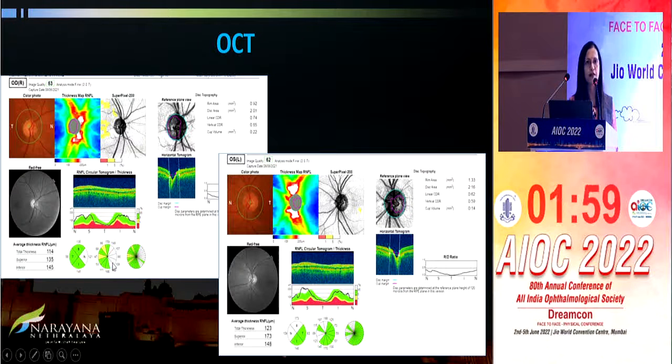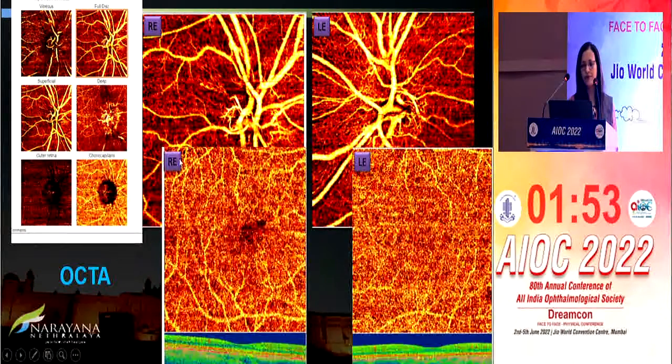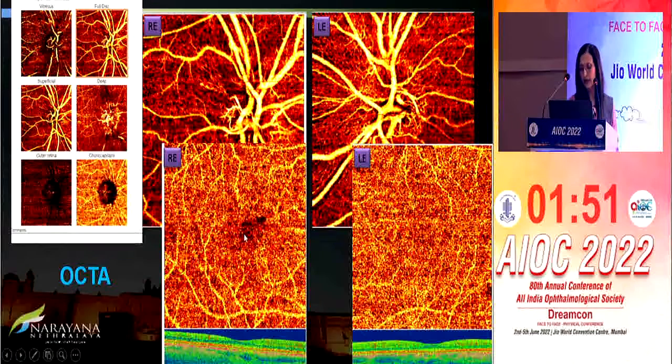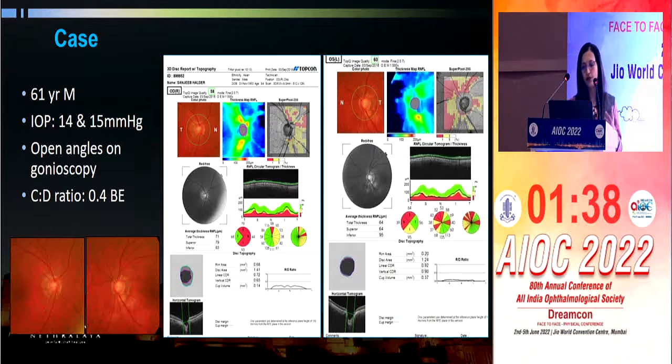That is because of the RNFL edema after the acute attack, maybe. But when you do OCTA, you can clearly see the differences between the right and the left eye. This is the change in the macular region and more clearly seen on the heat map. So this is where sometimes the newer technology can help overcome the limitations of the OCT. So that's how OCTA can be useful.